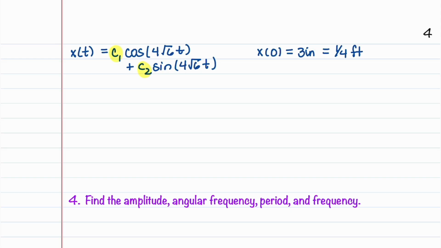And we're told that dx dt at time 0 is equal to root 6 feet per second. Let's first substitute in that t is equal to 0. Cosine of 0 is 1, so this just gives us c1. Sine of 0 is 0, so we know that c1 is 1/4.